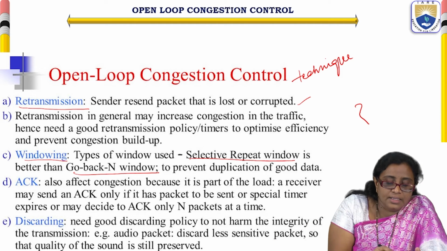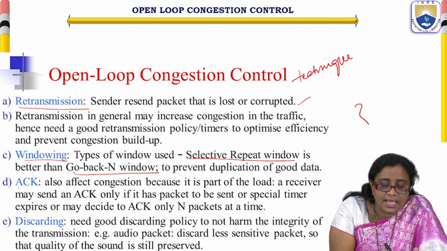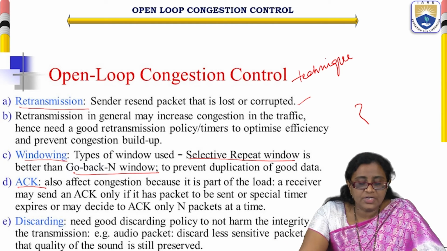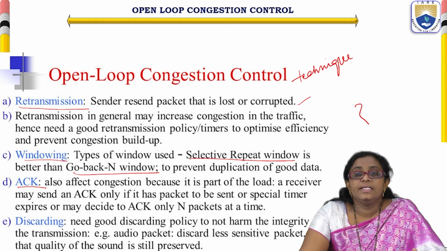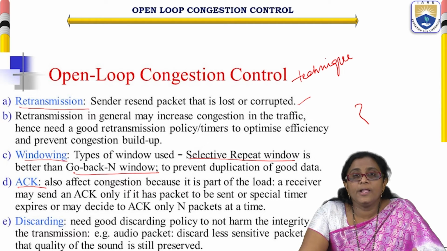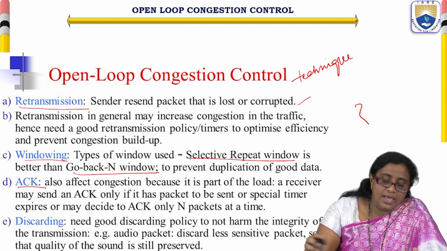The third one is ACK. It also affects congestion, because it is part of loading the data packets, either by means of tokens or bytes.